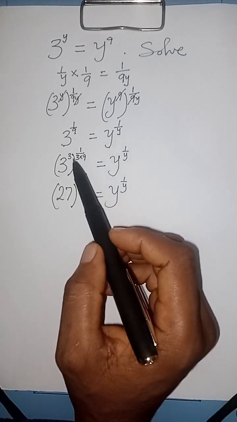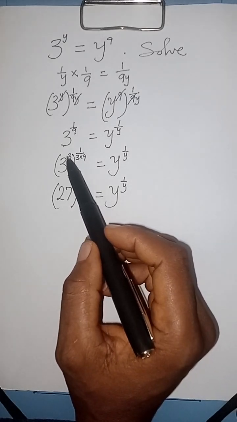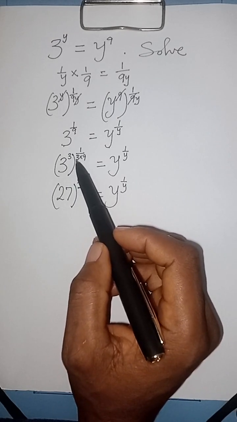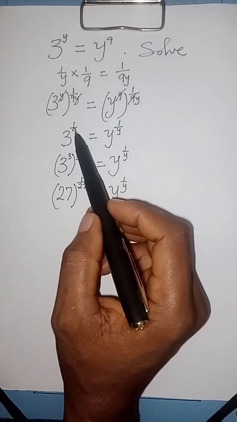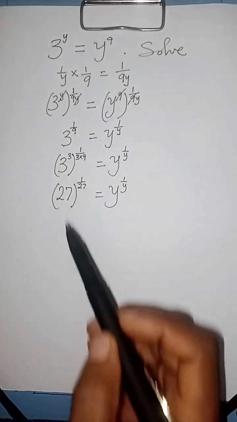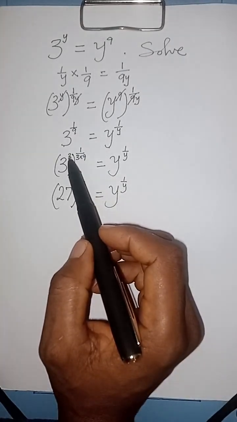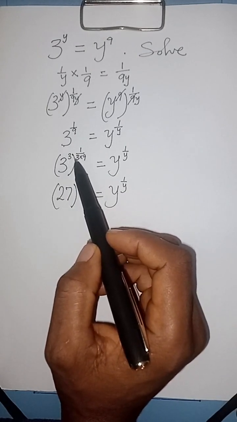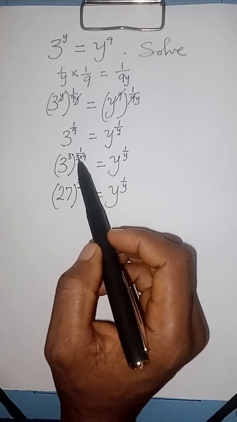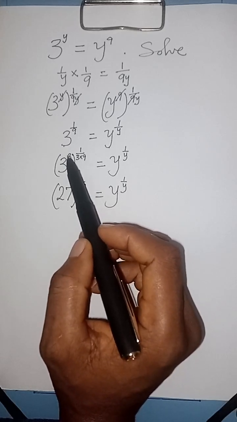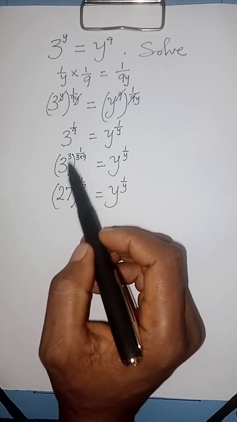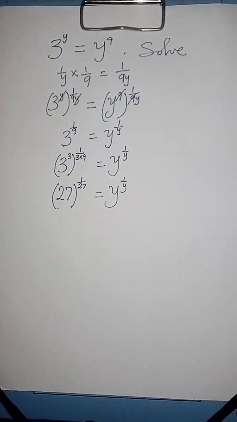Now, it's important we multiply both this and this by 3 because if you divide, it will give you back the term that you have here. No, I must multiply this by 3, 3. Neither can I use 2, because if I use 2, 2, this will become 18 and this will be 9, so it won't give me what I'm looking for.